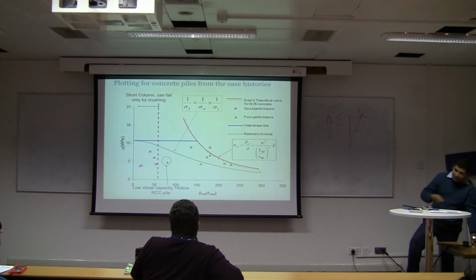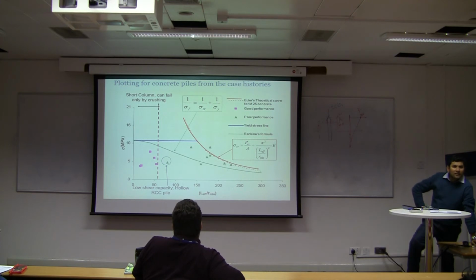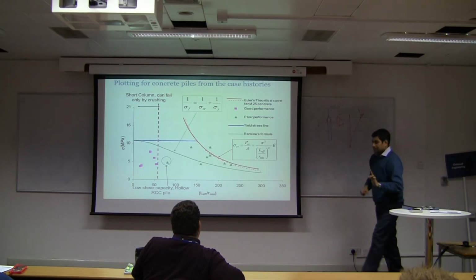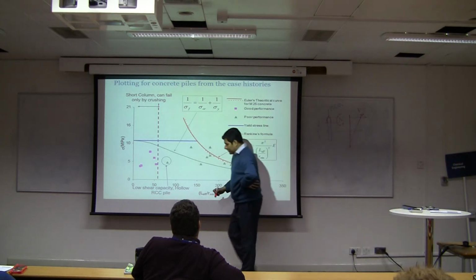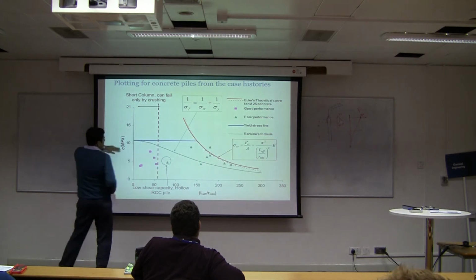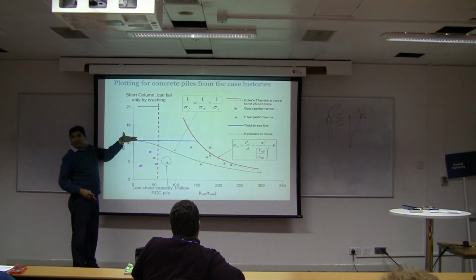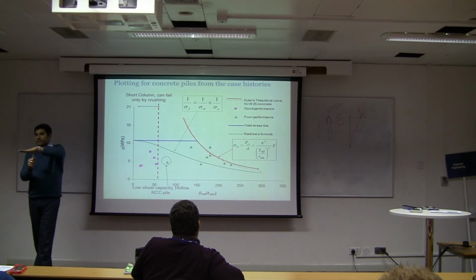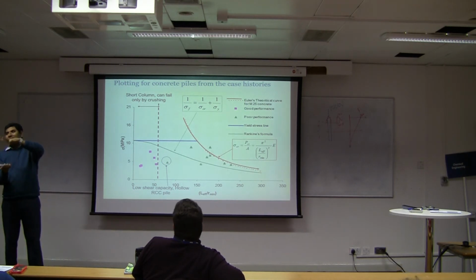Many of you may have seen this graph, isn't it? This Euler curve, yeah? So this is slightly structural engineering. Anyway, the main thing is that for a concrete structure, you have a yield strength, that means the stress at which it crushes.